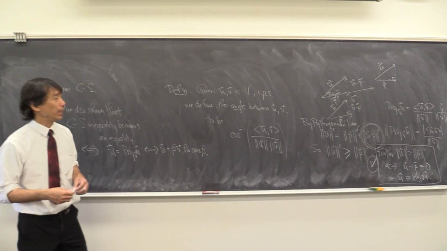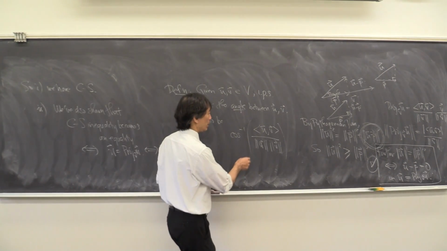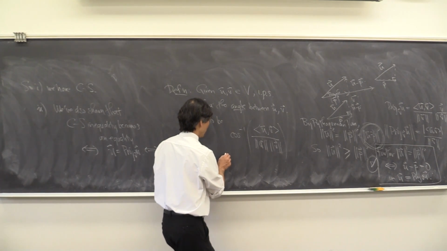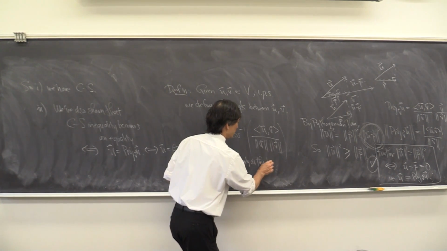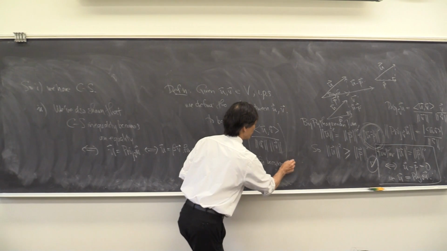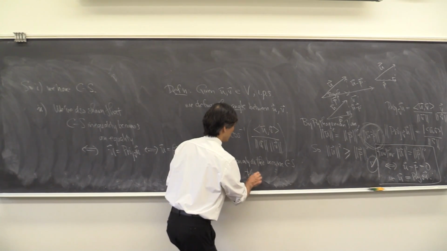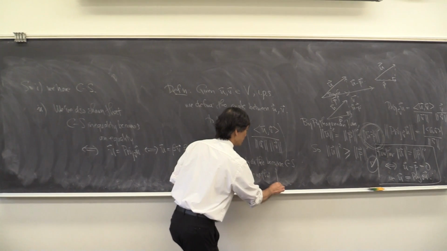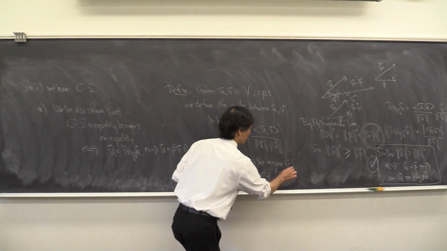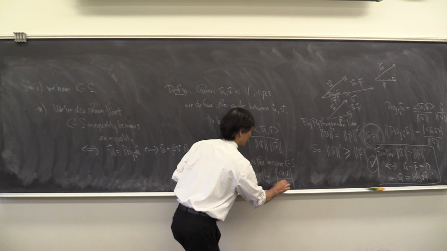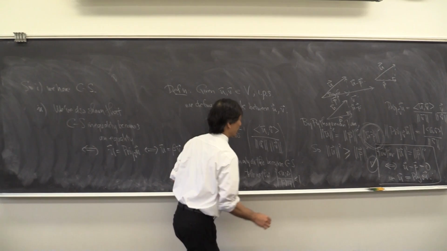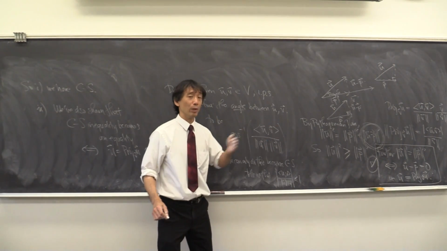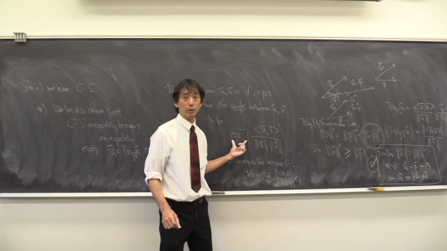And this only makes sense because Cauchy-Schwartz tells us that the size of that number is less than or equal to 1, that these numbers lie between -1 and 1, and so it makes sense to take the arc cosine.